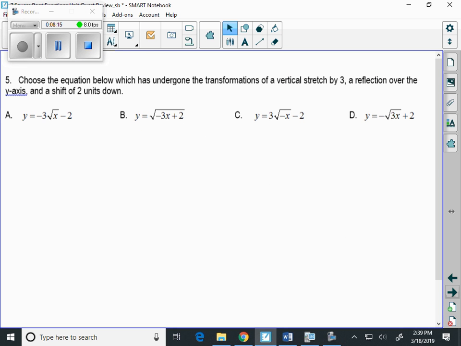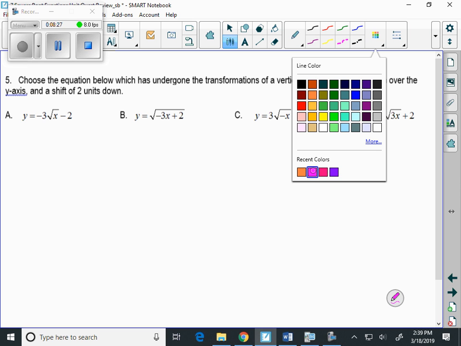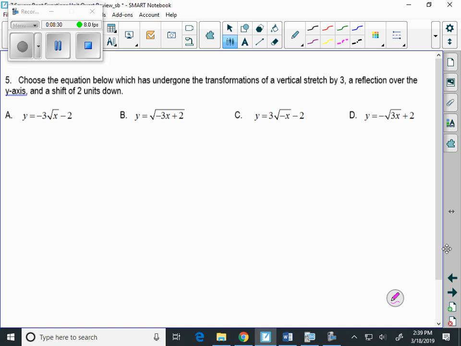Number 5. Choose the equation below, which has undergone the transformations of a vertical stretch by 3. So as we take a look in there, can we eliminate any? And the answer is yes, because the vertical stretch is going to be outside of the function. So it's not going to be this one. It's not going to be this one. The 3 has to be outside of the square root.